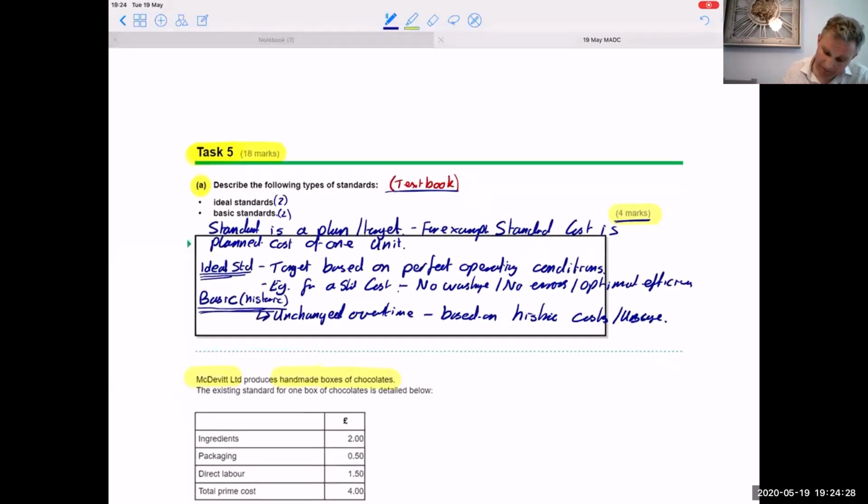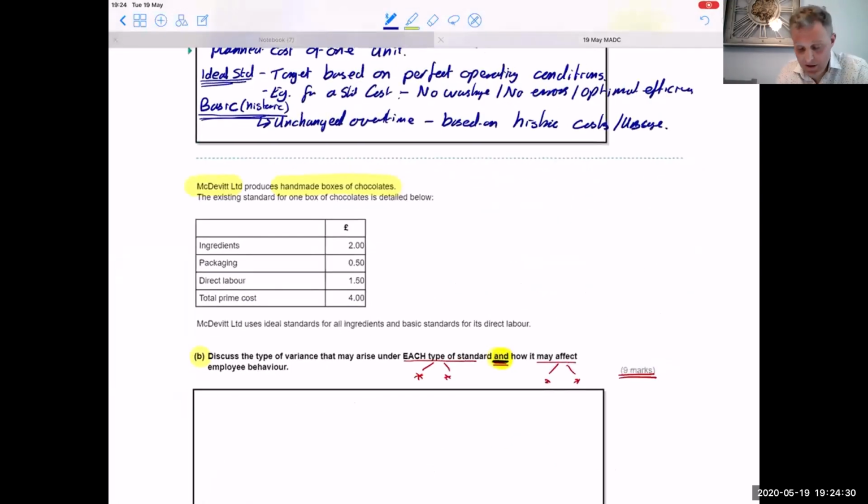But then we've got some real information, some real data. So McDevitt Limited produces handmade boxes of chocolates. The existing standard for 1 box of chocolates is detailed below. So we've got ingredient costs, packaging costs, direct labour, total prime cost of £4. And then it says that we use ideal standards for all ingredients and basic standards for all of its direct labour.